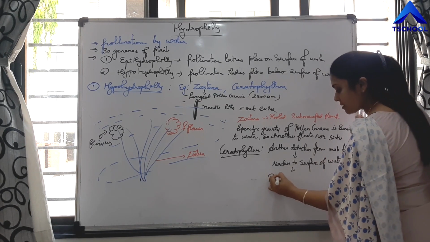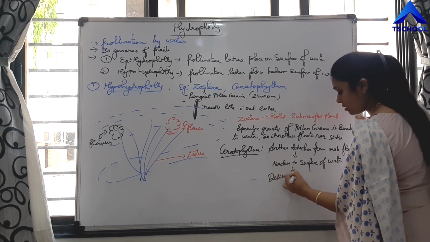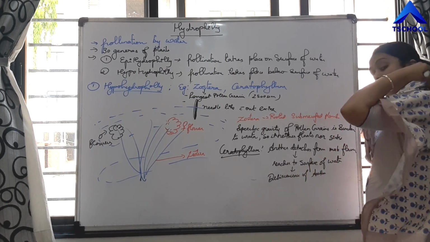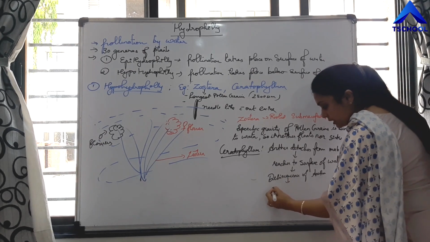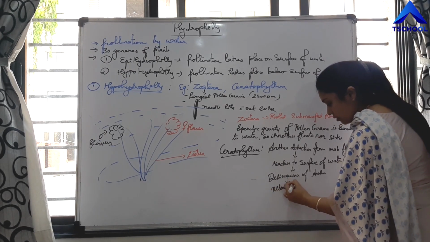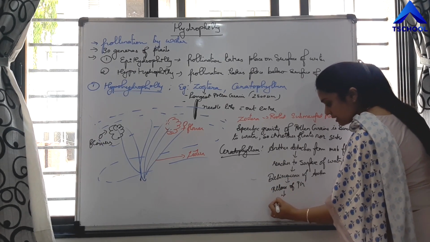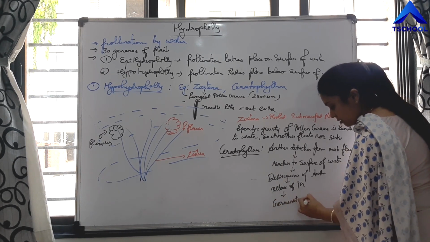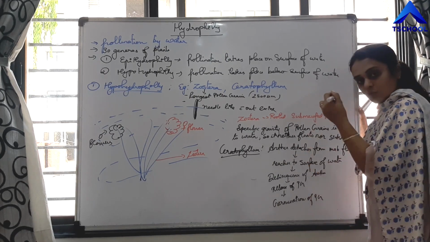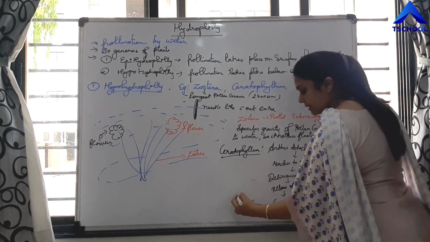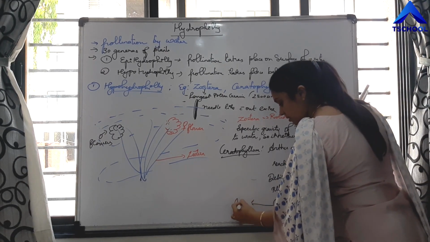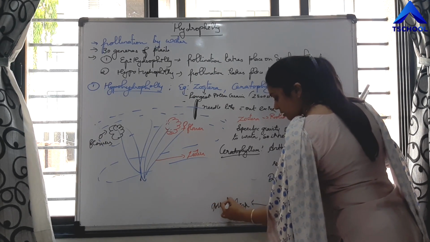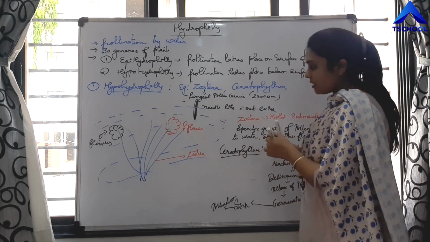There is dehiscence of anther on the surface of water, release of pollen grains, and germination of pollen grains. So a pollen tube will be formed. This will again sink and there will be pollination.